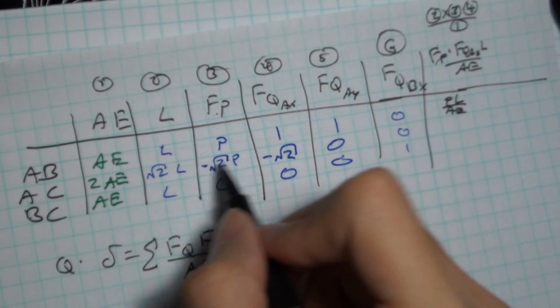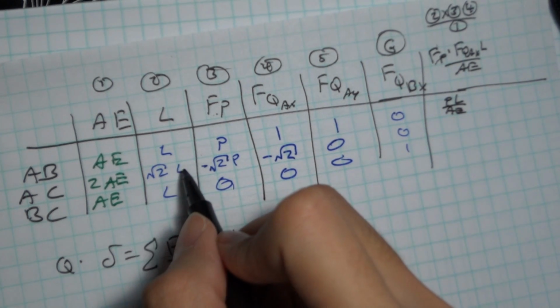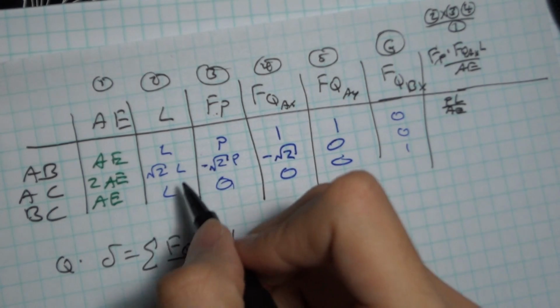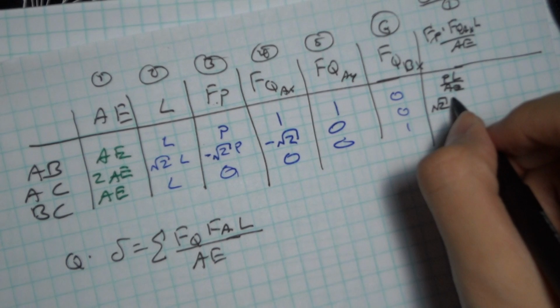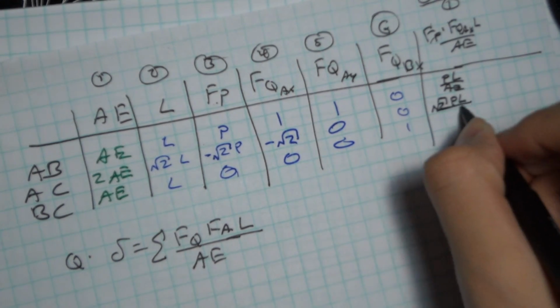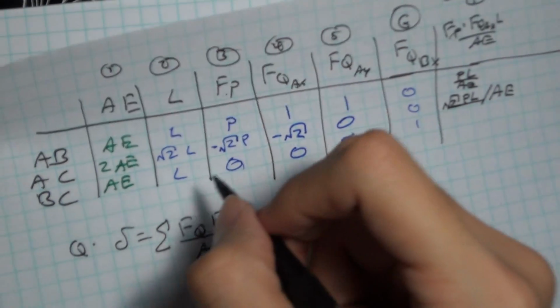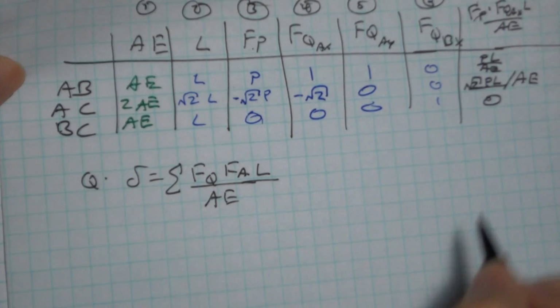The negatives will cancel out. I have a square root of 2p here, so it's going to be square root of 2pl over 2ae. The 2's will cancel out, and I'll just be left with the square root of 2 pl over ae. Then down here, notice that I have 0 times 0, so this is just going to be 0.